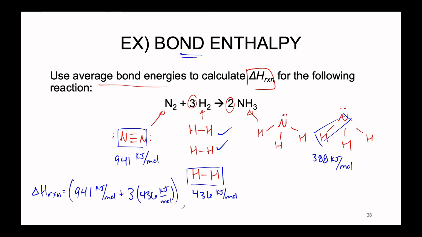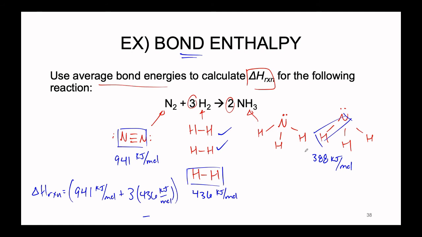All right, I'm going to continue the equation down here. Now I'm going to subtract out the magnitude of the energy being released, the amount of energy coming from bonds being formed.